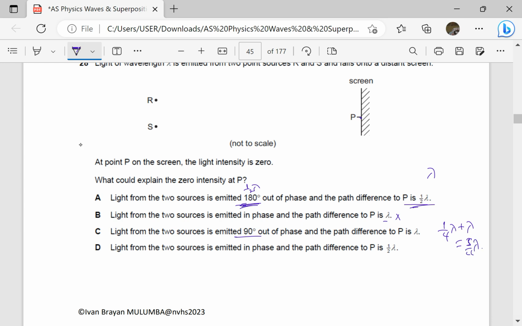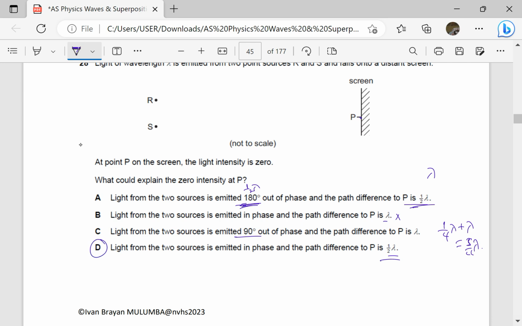Then light from the two sources is emitted in phase, and the path difference to P is a half lambda. That means the phase difference is 0, but the path difference to P is a half lambda. I think that is automatically destructive interference.